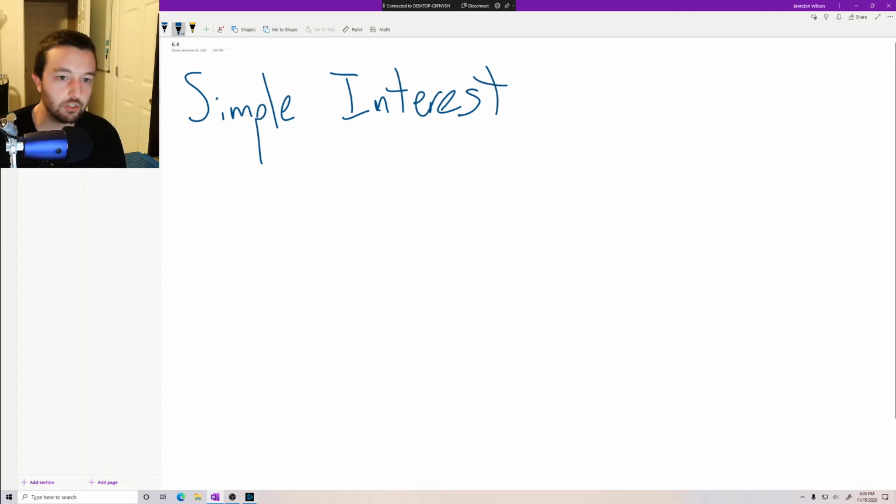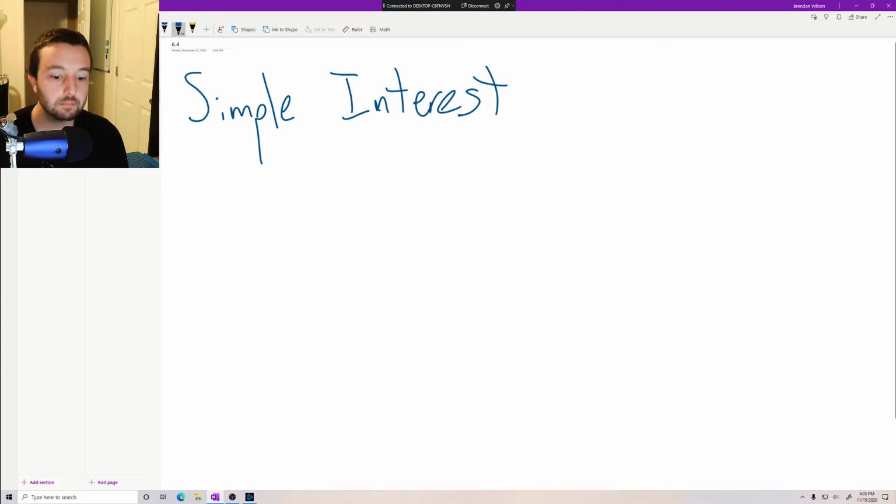Okay, so simple interest. Interest is something probably everybody has encountered at some point. If you take on a debt, usually you have to pay interest on that debt. Or if you put money in a savings account, usually you'll get paid interest, right? Interest is kind of money you pay in exchange for borrowing money.